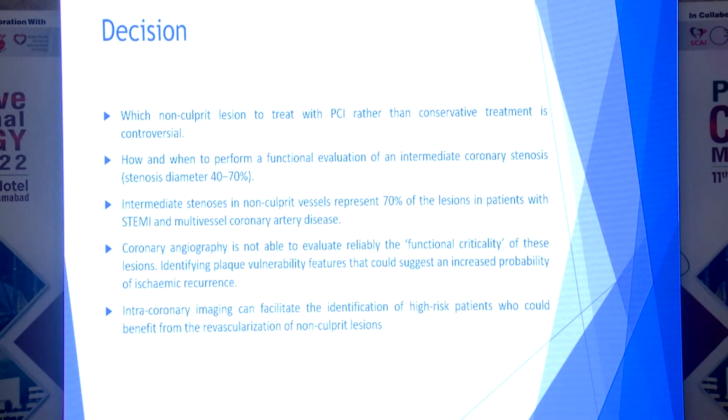Now, how to decide which non-culprit lesion to treat with PCI rather than conservative treatment is controversial. How and when to perform a functional evaluation of an intermediate coronary stenosis, that is 40 to 70%? Intermediate stenoses in non-culprit vessels represent 70% of the lesions in patients with STEMI and multivessel coronary artery disease.